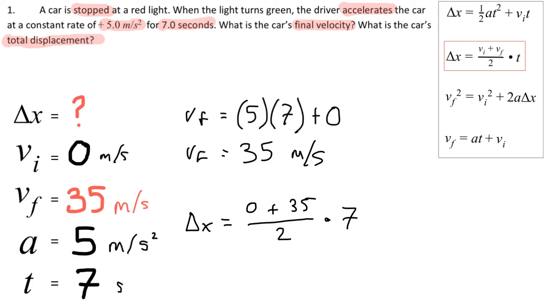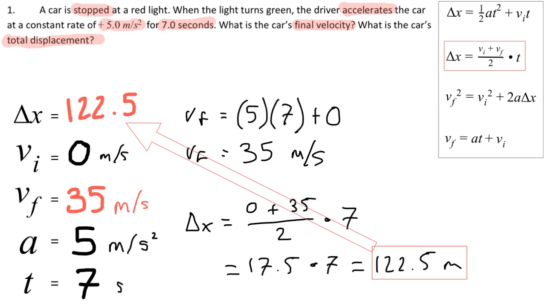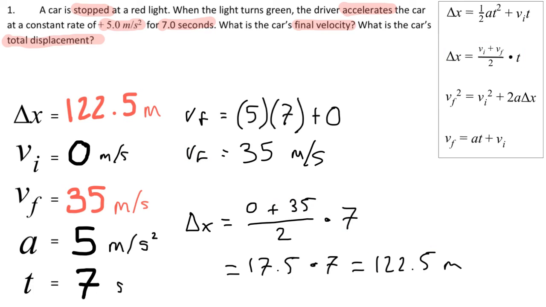If you get your calculator, 35 divided by 2 is 17.5 times 7, which is 122.5 meters. So in conclusion, in those 7 seconds after the light turned green, the car traveled 122.5 meters, and it was going 35 meters per second at the end of the 7th second.